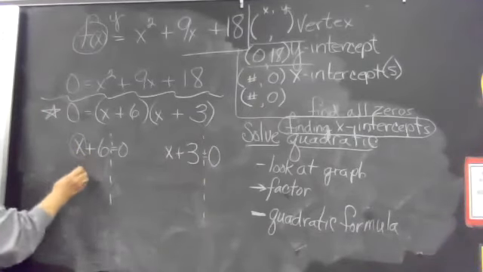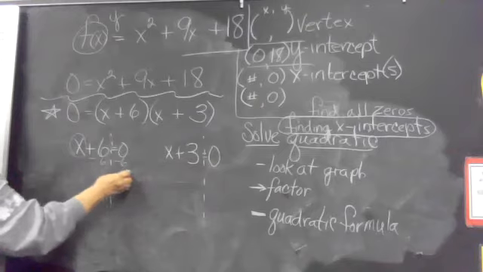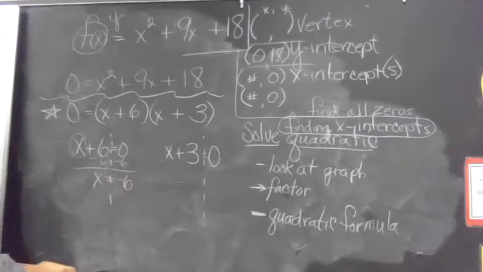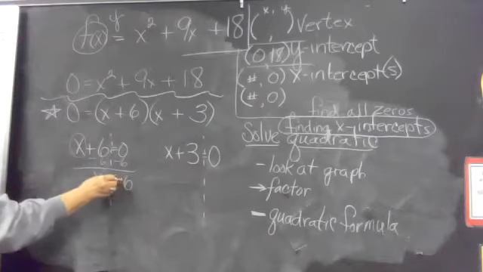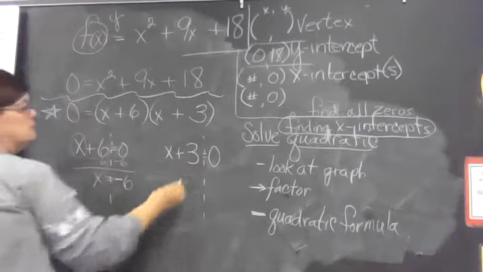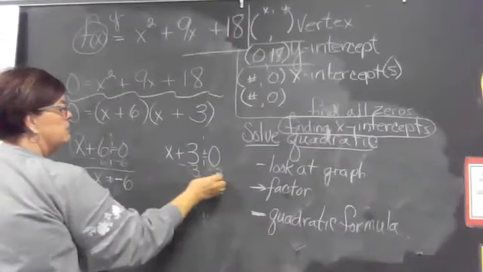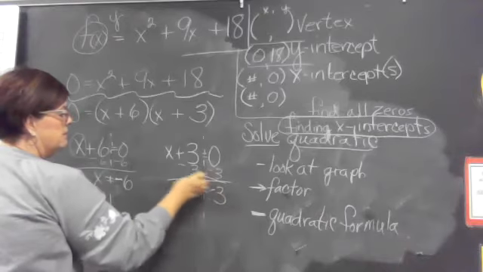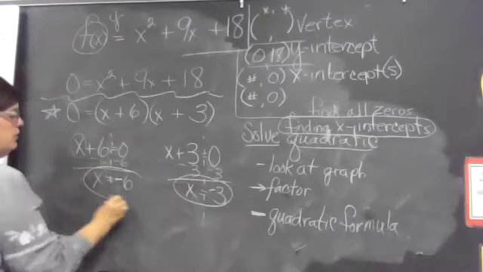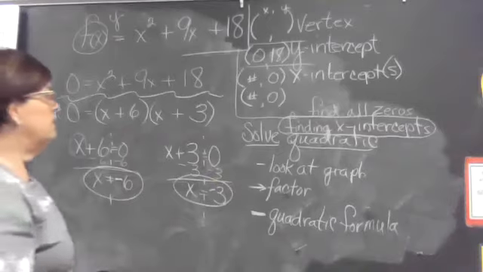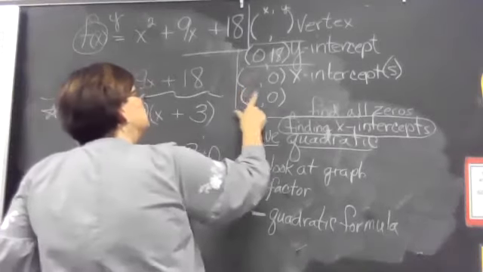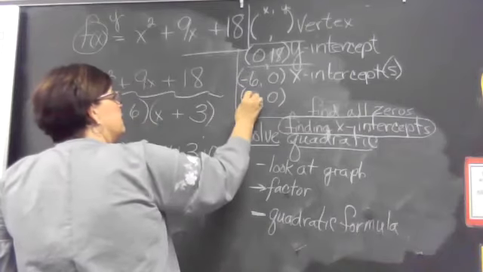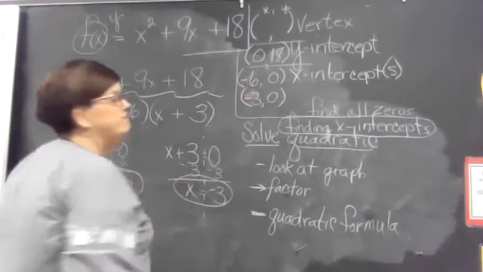If I want to solve for the x, I'm going to subtract 6, and now I have x equals -6. Okay, this is one of the zeros. Subtract 3 here, so x equals -3. Those are the x-intercepts, and they go right here. Got a -6 and a -3. Y'all see?